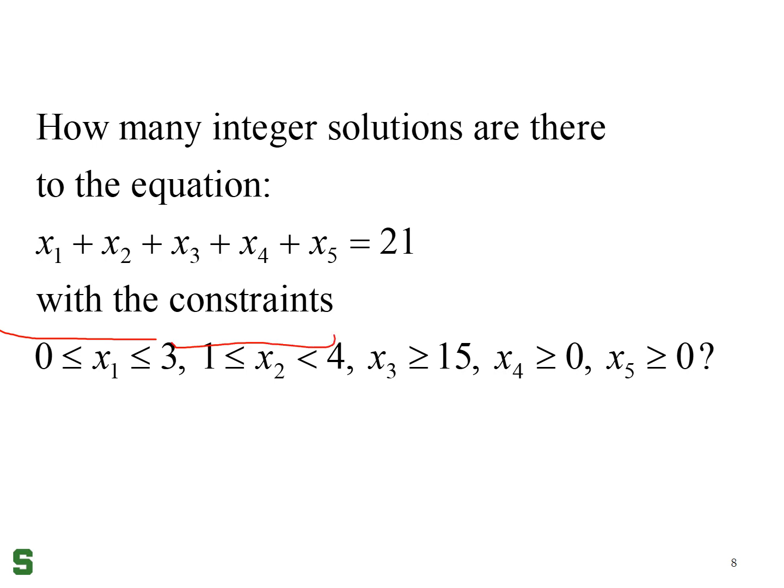Second one we cannot put 4 or more. In the third one I had to put 15 minimum. In fourth and fifth I could choose to put none, or I could choose to put any number of balls in the bucket. The total number of balls in this case that I have is 21 because I want the sum of the numbers to be 21.